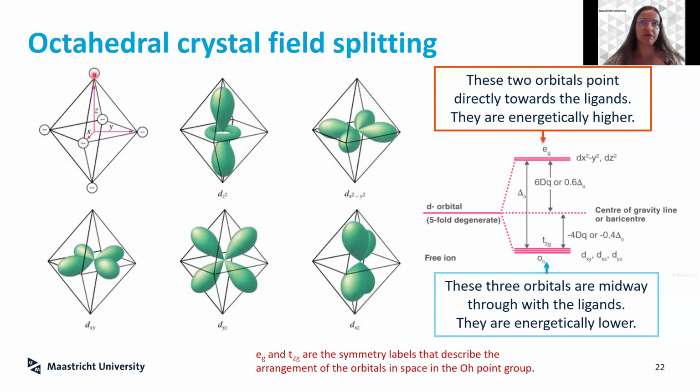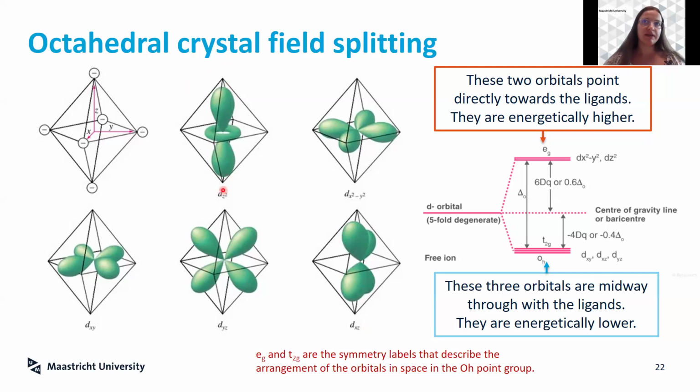So the ligand is coming from x, from y, from z, and they come directly. This means that if you consider what the metal inside is going to bring, you're going to bring all 5 of the d orbitals into this field. This is now your crystal field.